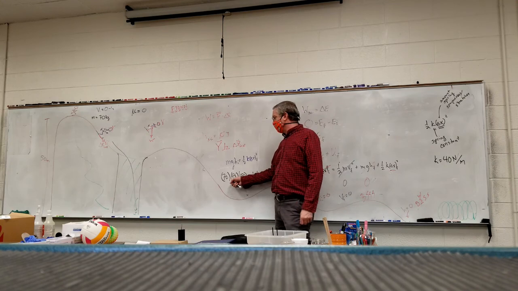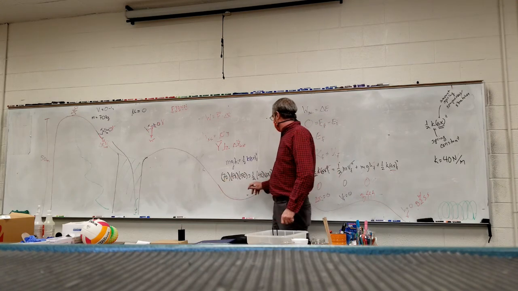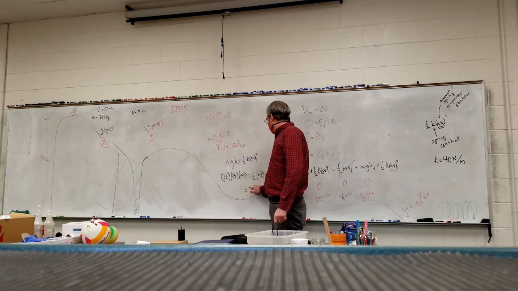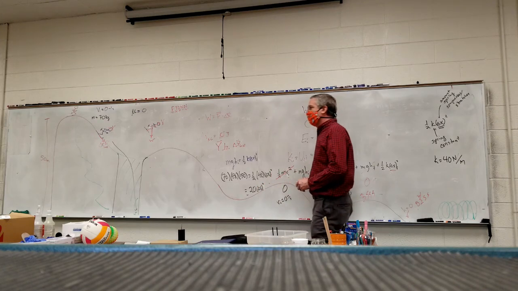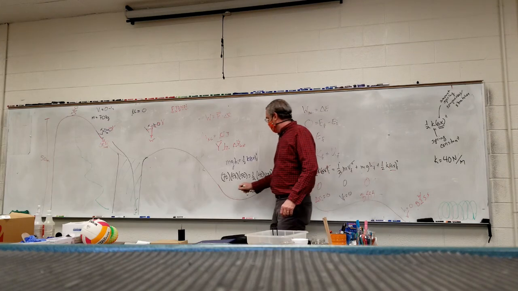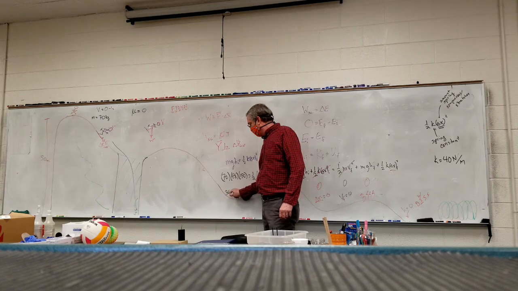So 50 times 9.8 times 70 is 34,300. One more time, 34,300.